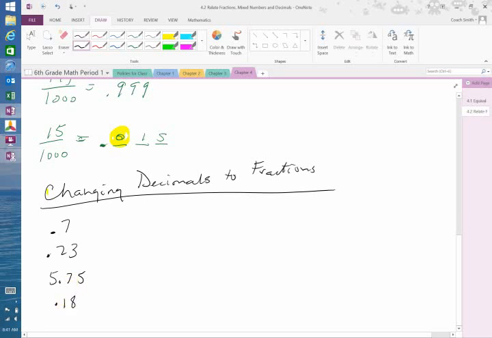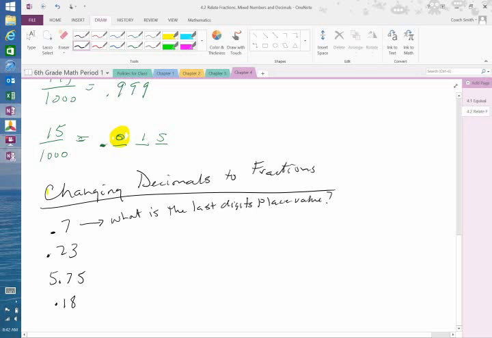All right, 4 different decimals there. The first thing here is, what is the last digit's place value? That's the question that you must ask yourself on each problem.